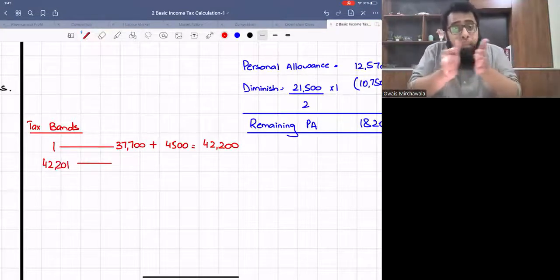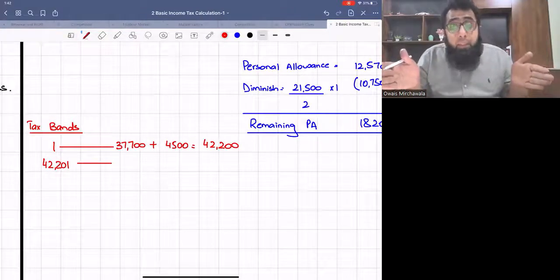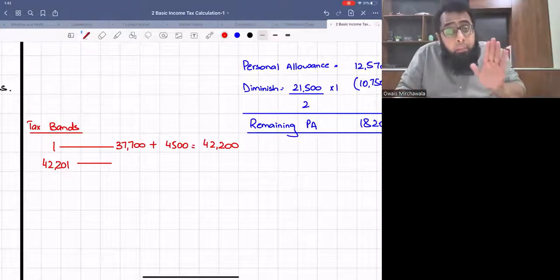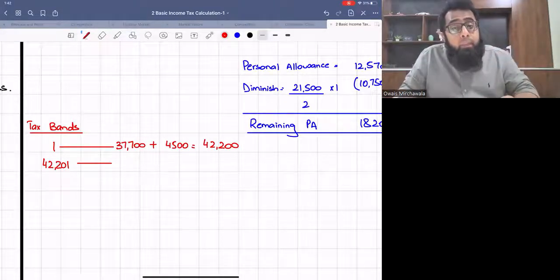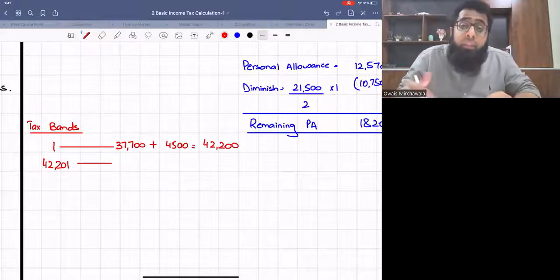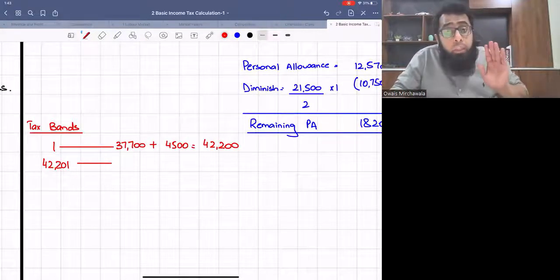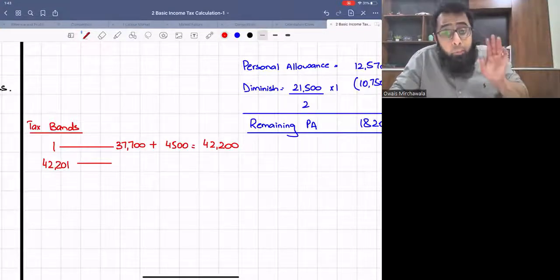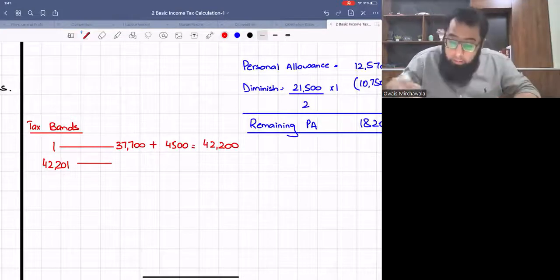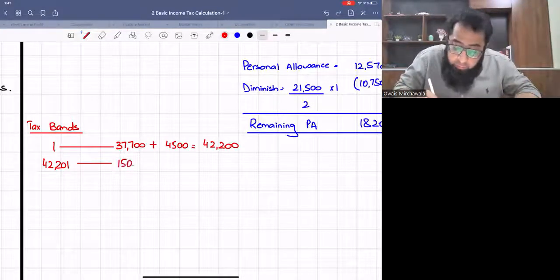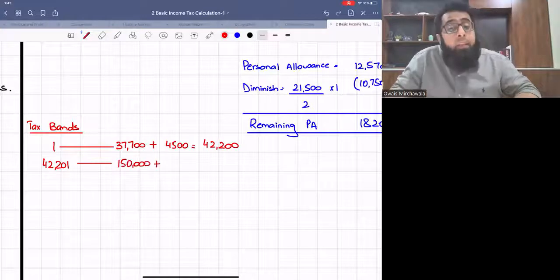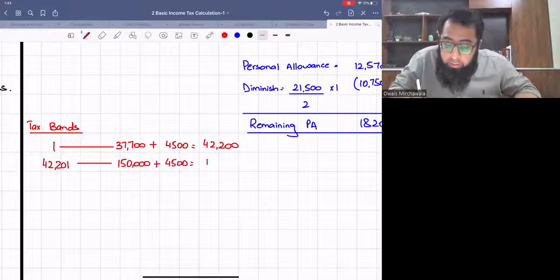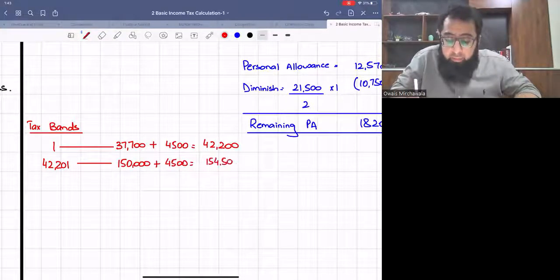Now, since the basic rate band is now 42,200, the second band will start from 42,200. Since the first band has been extended, the remaining bands will get pushed. The second band will start from 42,200, and rather than ending on 150,000, it will end later at 154,500.